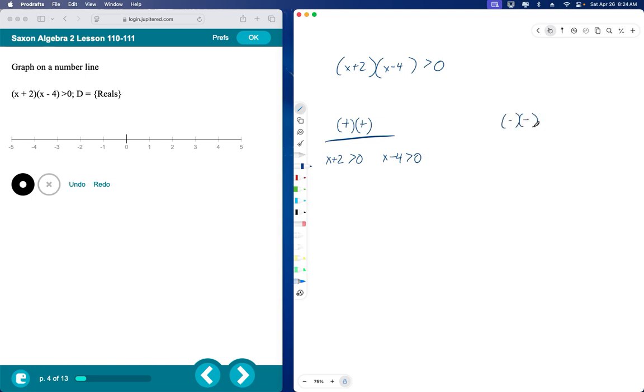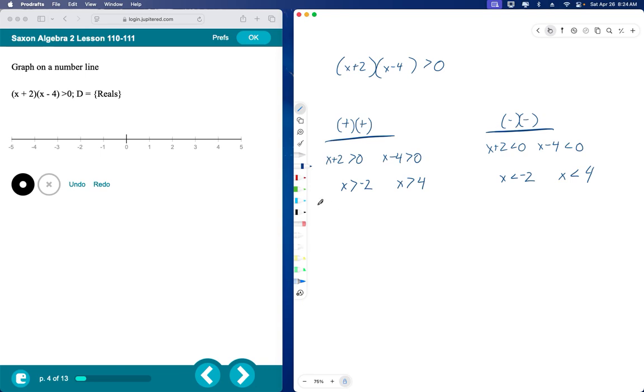Negative, negative, x plus 2 less than 0, x minus 4 less than 0. So x would be greater than negative 2, x greater than a positive 4. X would be less than negative 2, or x less than a positive 4.